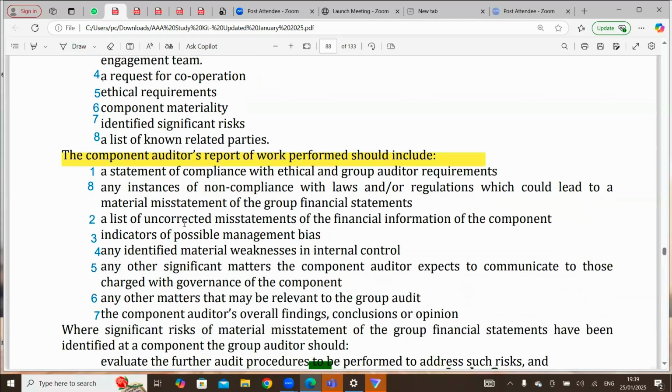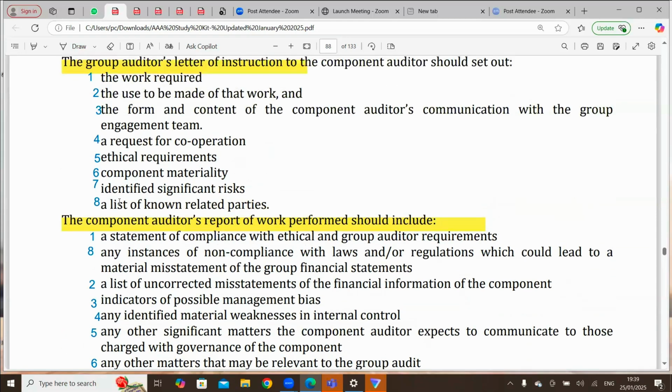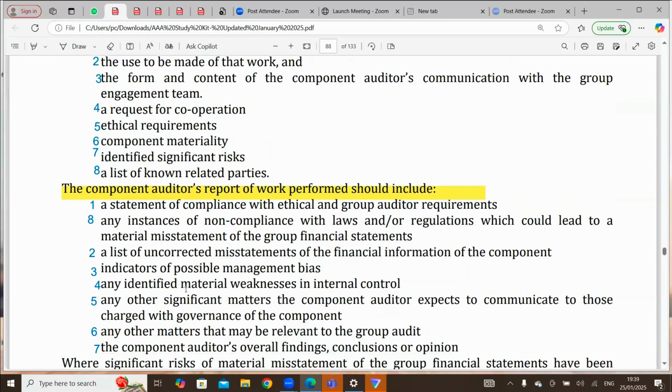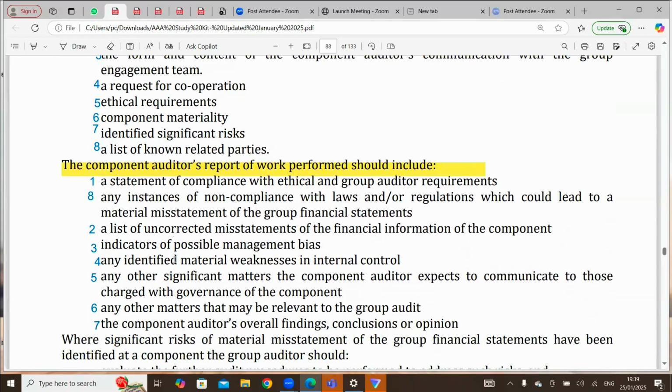Also, any instance of non-compliance that could lead to misrepresentation of the group financial statements, and that is what the auditor has already asked in the above, where he asked for the identified significant risks. Then a list of uncorrected misstatements in the financial statements of the components, that is also identified significant risks. Then we have indicators of possible management bias. This one usually stems from related parties or issues in-house of that component.